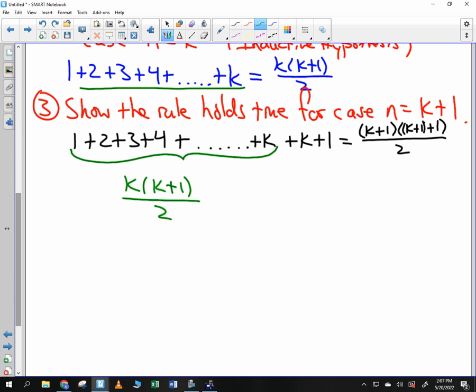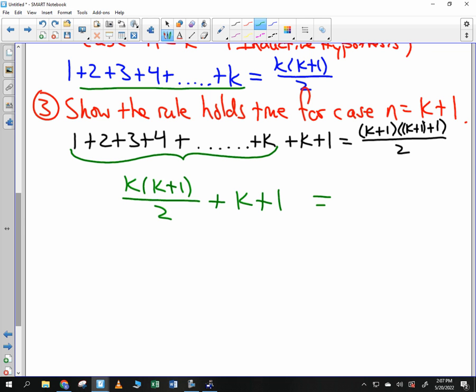What else is on the left-hand side? Yeah, plus k plus 1. I have to now make this thing on the left look like that thing on the right. I'm closer now, aren't I? How would you make this look like that? What could you do? Now here's where your beautiful algebra kicks in. Multiply by.